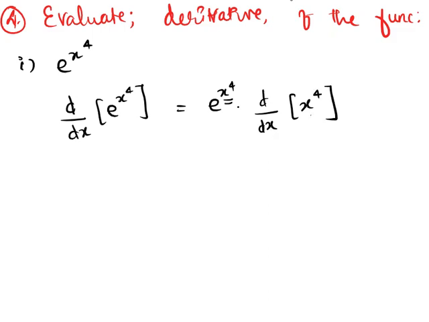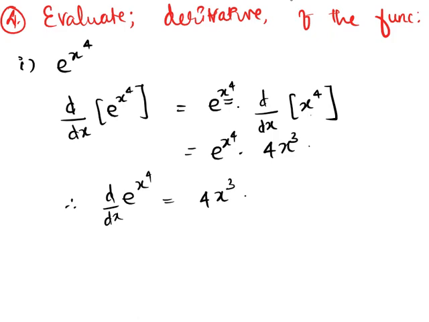Differentiating this, what you will get? 4x cube, right? So the derivative of e power x power 4 is equal to 4x cube into e power x power 4, which is the answer.